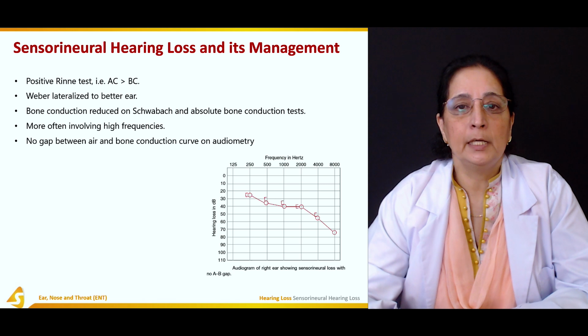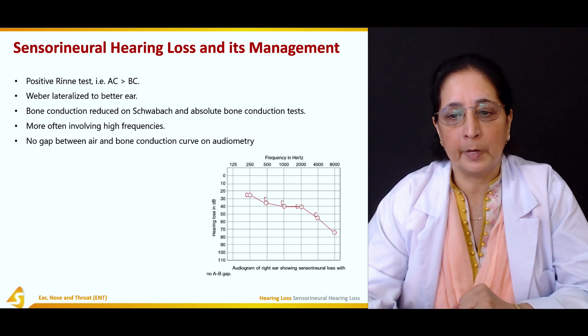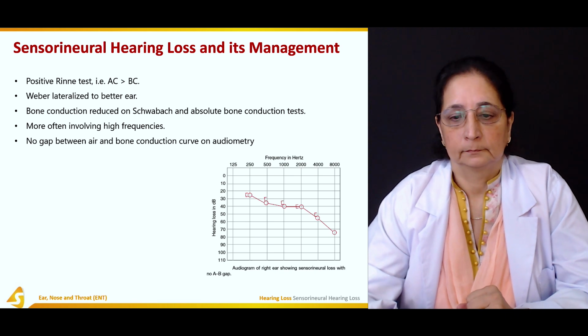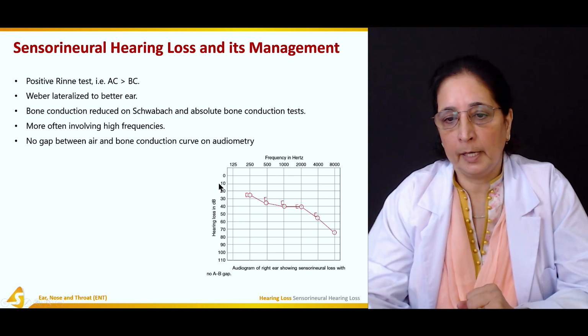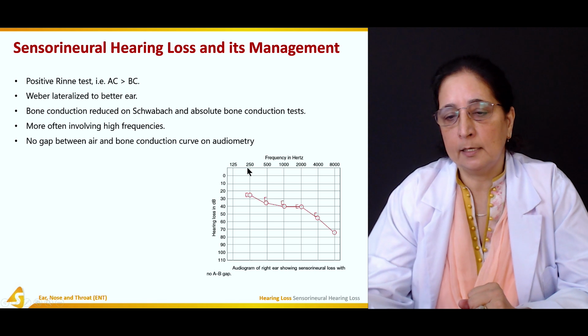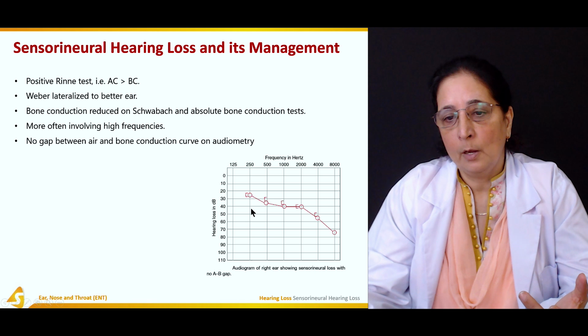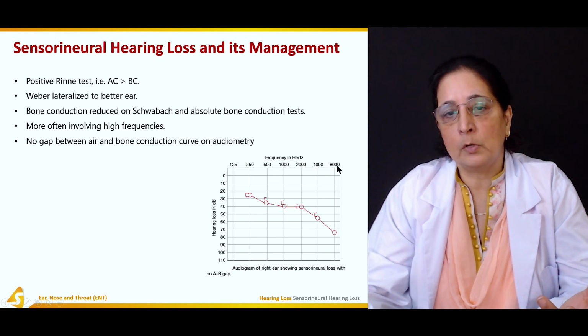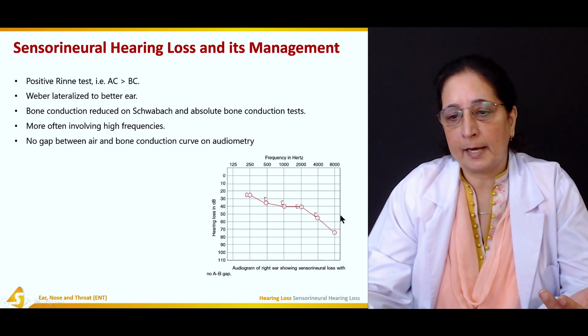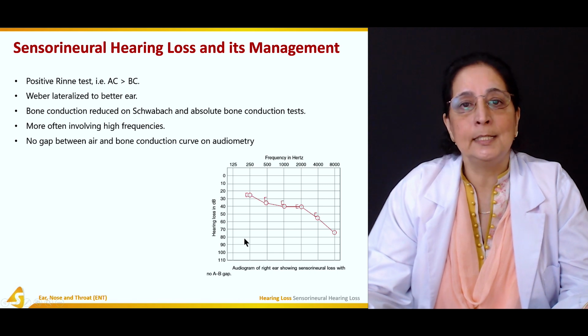There is no gap between the air and bone conduction curves on audiometry. If you see here on the audiogram, this is the hearing loss in decibels, and this is the frequency in hertz. High frequencies are affected. When the frequency is about 8,000, it's affected more. The hearing loss is about 75 to 80 decibels.